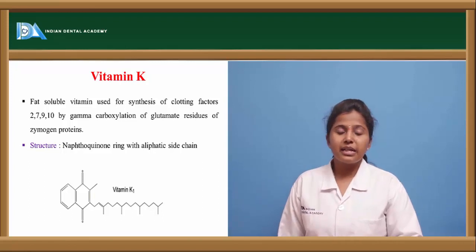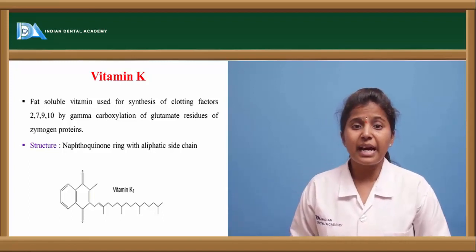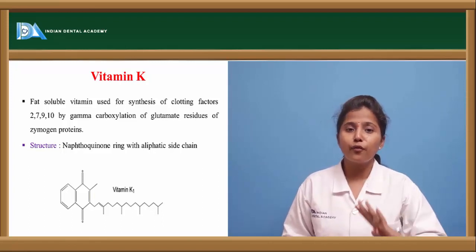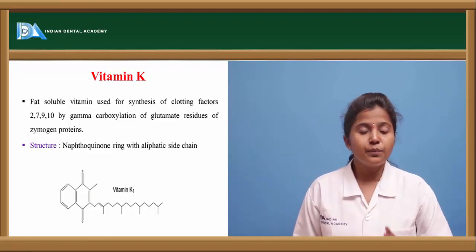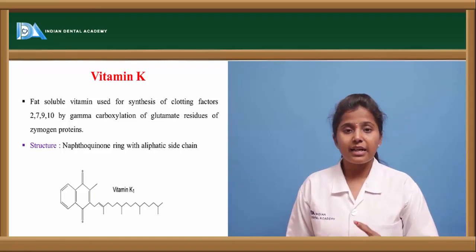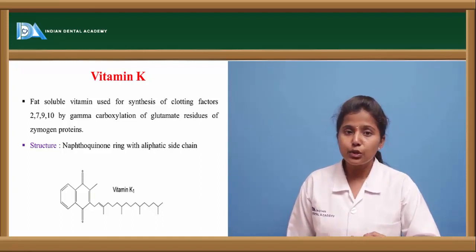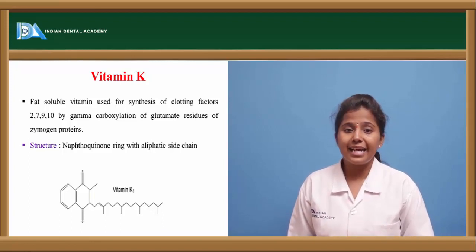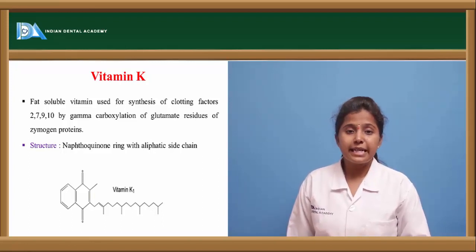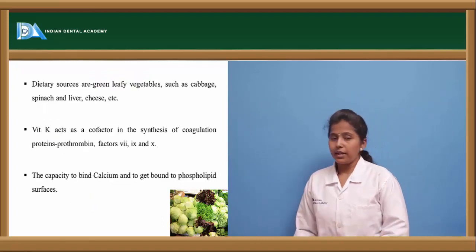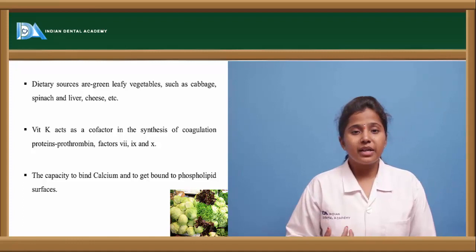This vitamin K is mainly a fat soluble vitamin, and it plays a major role in the formation of four factors, that is factor 2, factor 7, factor 9 and factor 10. So this vitamin K plays a very important role in the synthesis of these clotting factors, and it aids in the process of coagulation. So how does this vitamin K occur?